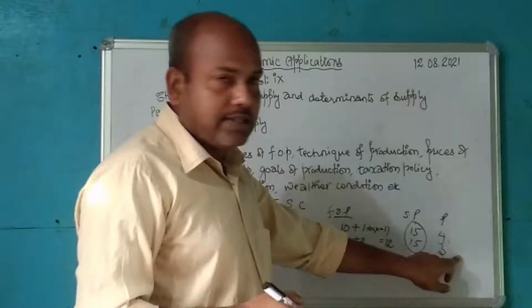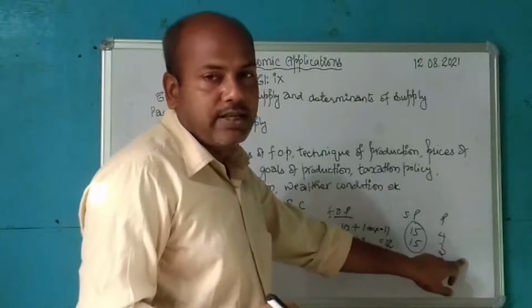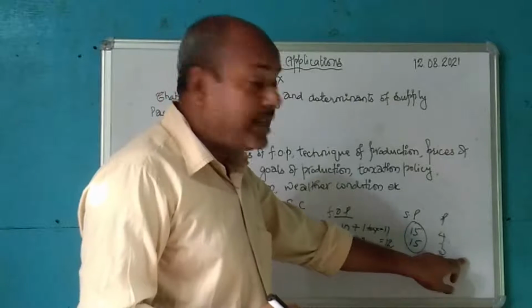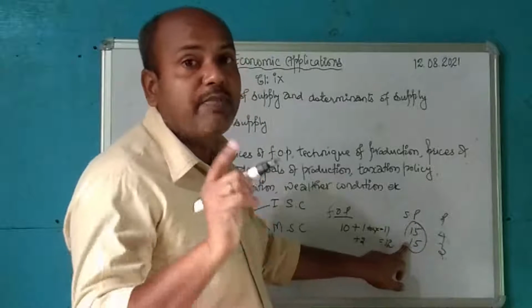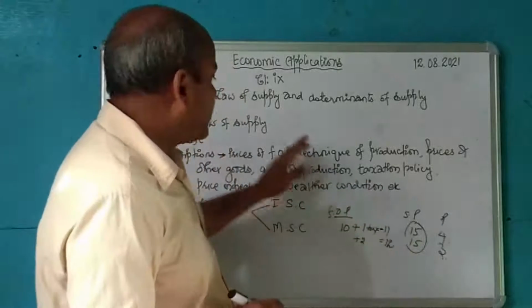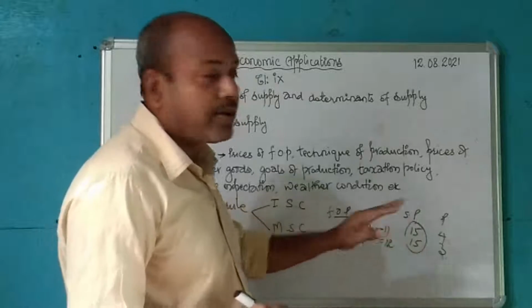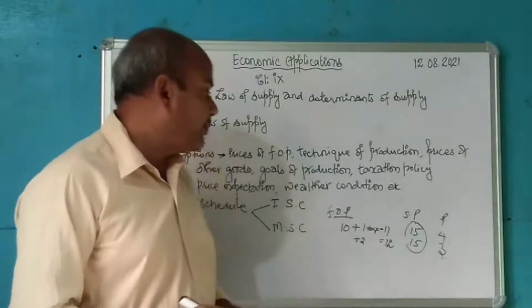Supply being less at the same price is a violation of the law. So if there is a change in the taxation policy, the law of supply will not hold good.